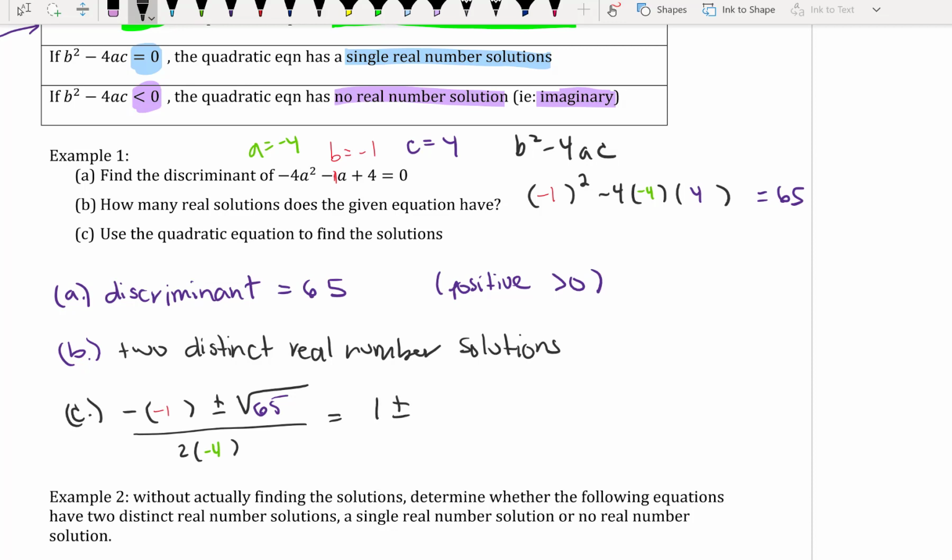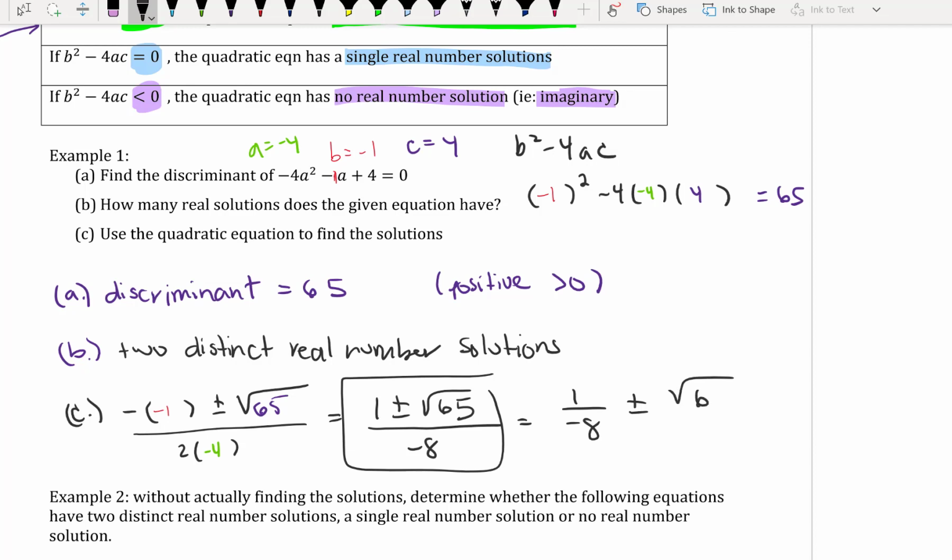So you get 1 plus or minus the square root of 65, and at the bottom I have a negative 8. And it was 65, not 64. That ends up becoming your final answer. If you wanted to, you could say this is 1 over negative 8 plus or minus the square root of 65 over negative 8, but since it can't be simplified, I prefer that first one.